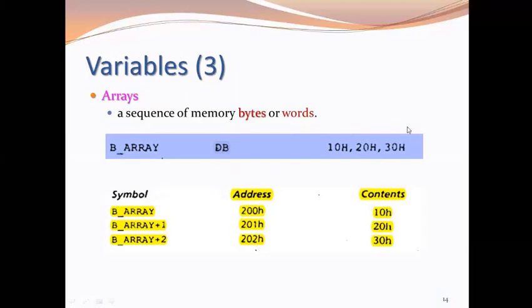With the address. It's 200, 201, 202. So the first value starts at memory 200, the second is 201, the third is 202. What would be the fourth, if I give another value here? 203. Tell me the complete picture of this.